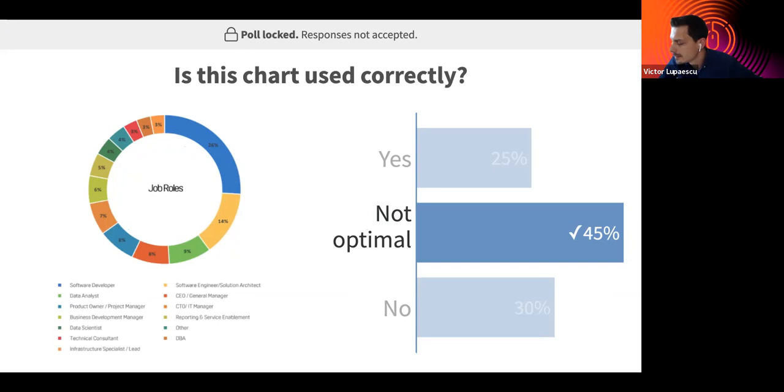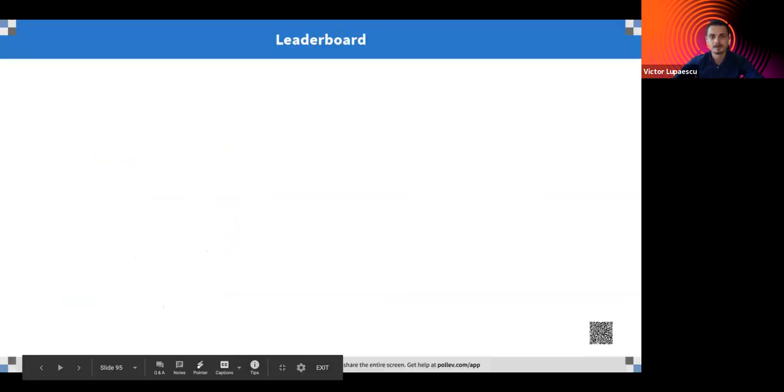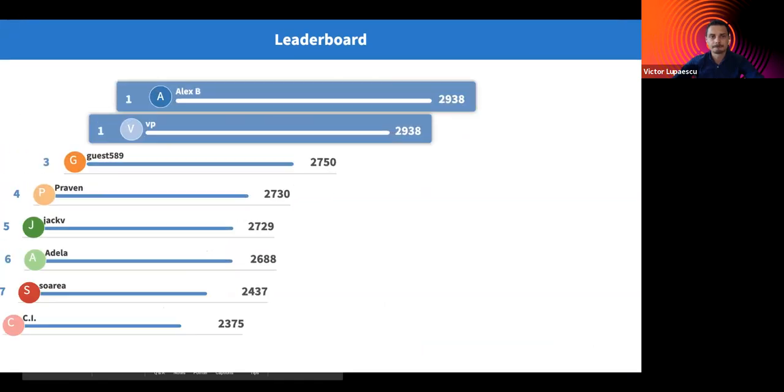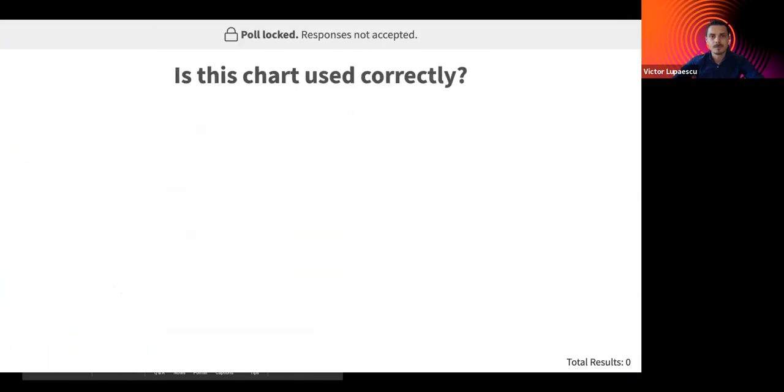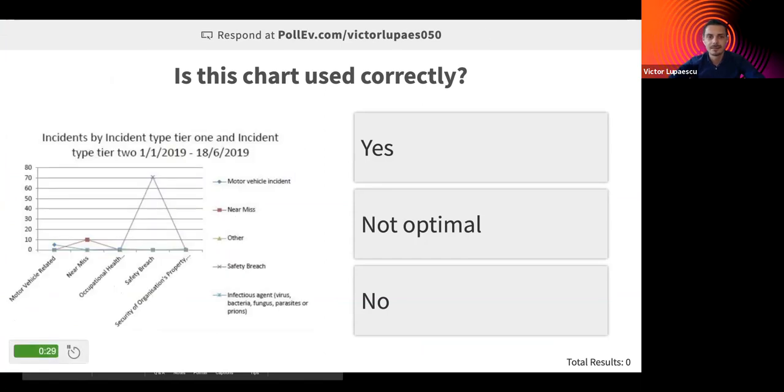That's good. So it's not optimal because, okay, it's a part of whole relationship, too many values, too many categories. And again, the legend here makes me go back and forth. It's not a good way of representing data. And is this chart used correctly?